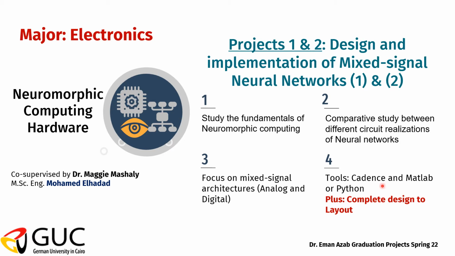Cadence will be used for the circuit simulation, MATLAB or Python will be used for the machine learning part. If we complete this project successfully, it's a circuit level project, and going on to the layout and finalizing the layout to the end is a plus in these two projects.